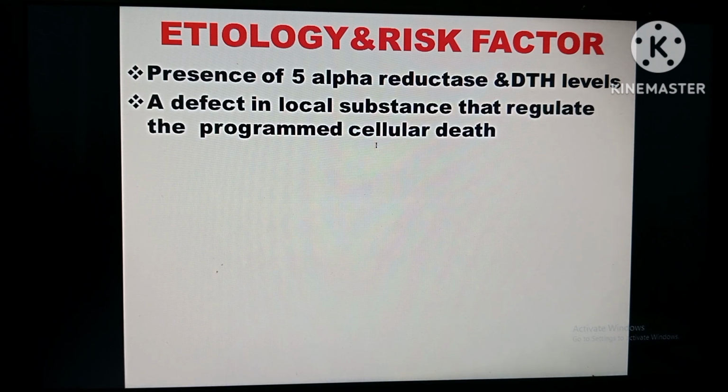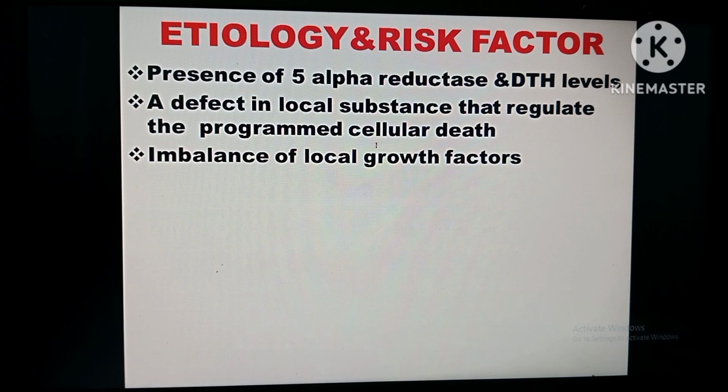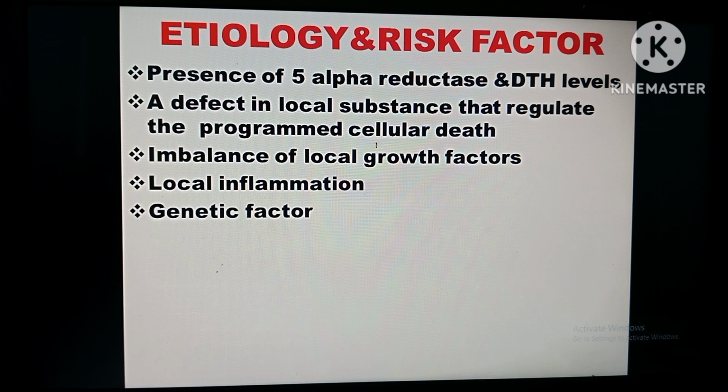A defect in local substances that regulate programmed cellular death, meaning DTH and 5-alpha only. Imbalance of local growth factors, DTH. Local inflammation: if the client is prone to genital infection, there is more chance.